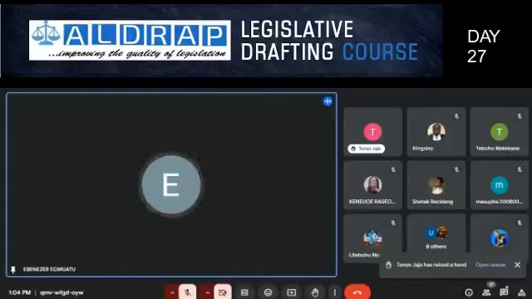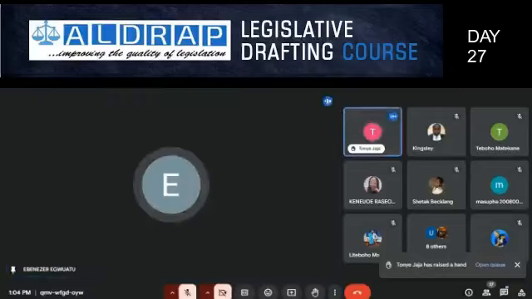If you look at the bill, there are some clauses that are not there that the drafter omitted. As a legislative drafting practitioner now, identify and fill them in and submit.